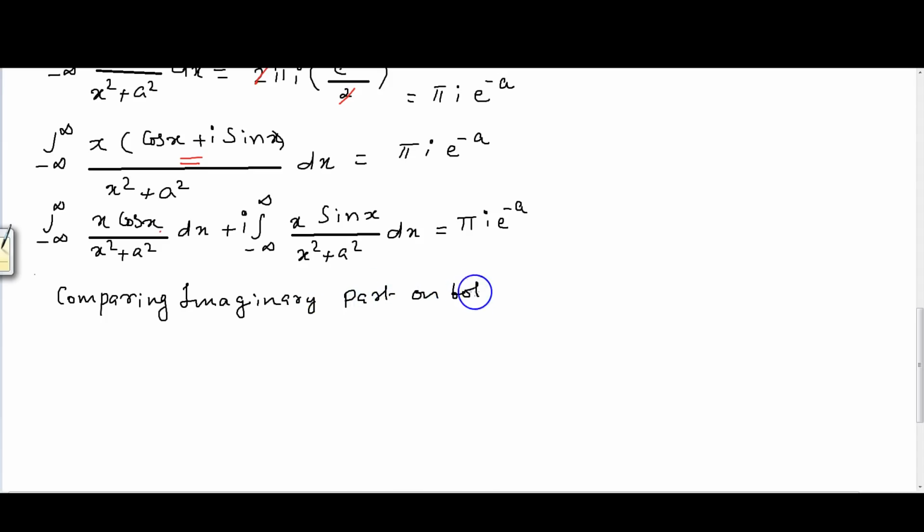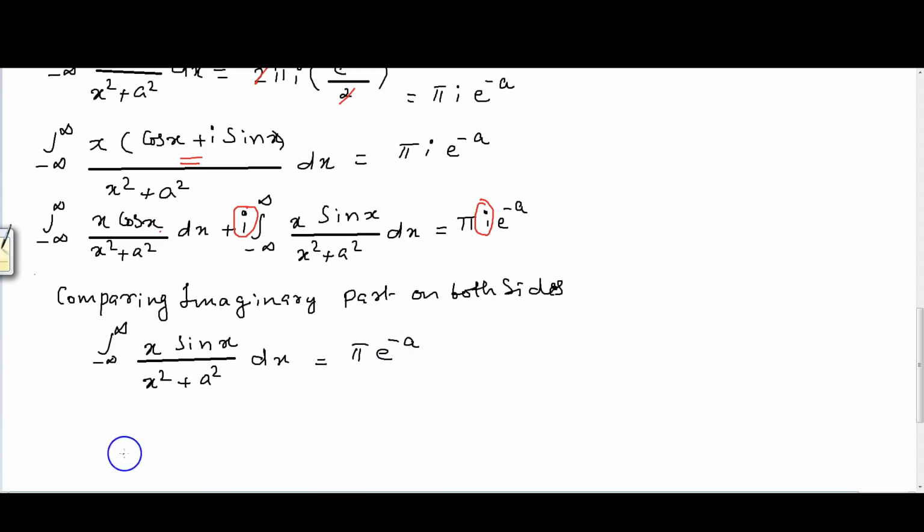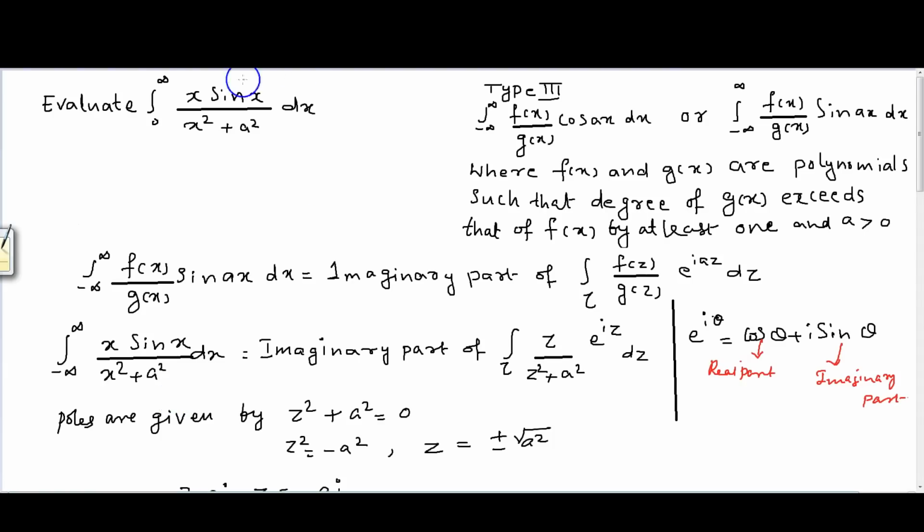Comparing the imaginary part on both sides, we get the integral from minus infinity to infinity of x sin x by x square plus a square dx equal to pi e raised to minus a.